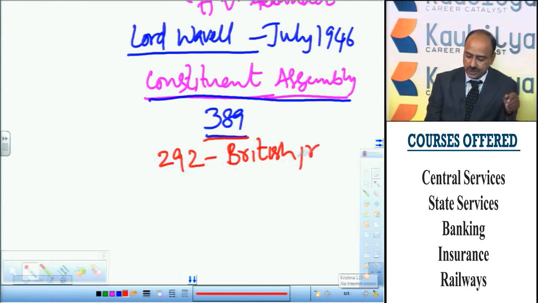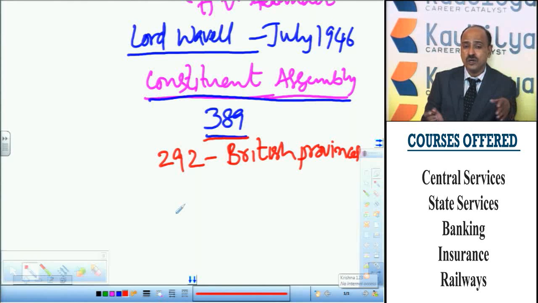British provinces means British rule areas like Madras province, Bengal province, Bombay province, Punjab province, different types of provinces. 292 members were elected by the people indirectly. Legislative councils were there, and those legislative council members selected these Constituent Assembly members.